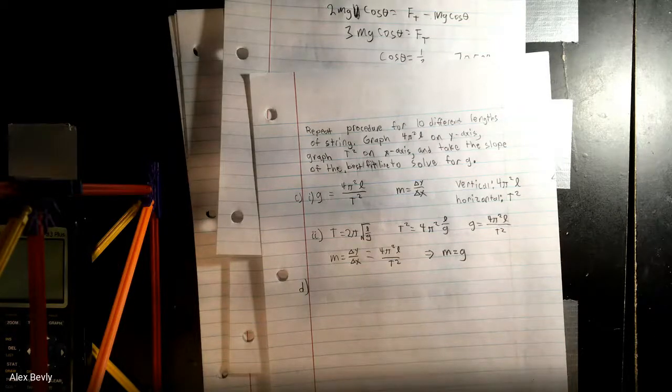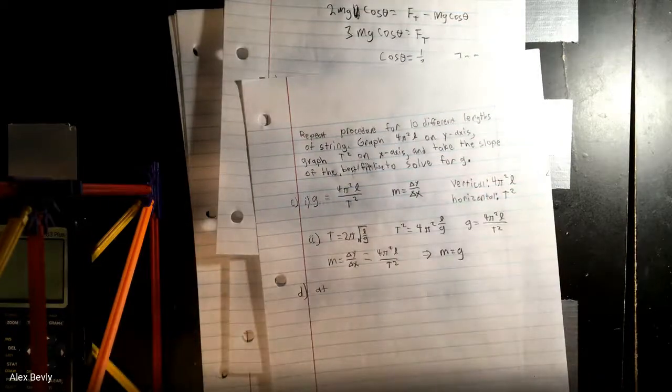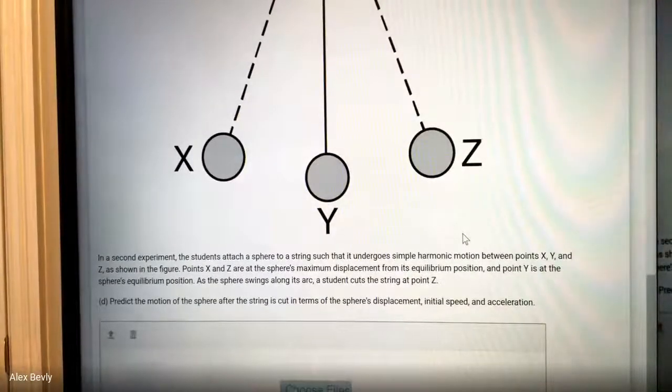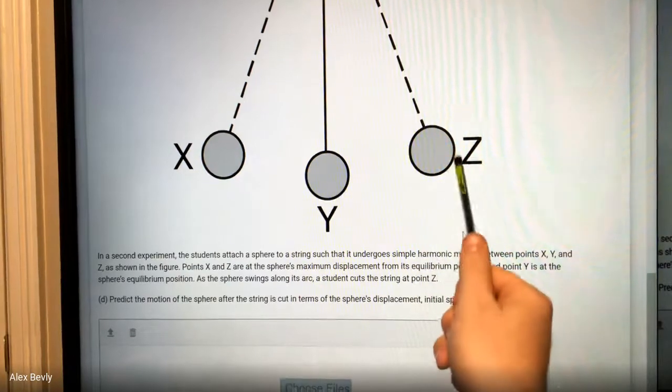So where's our displacement? Are we center, maximum displacement, somewhere between the center and the equilibrium and maximum displacement? Where are we at? Well, maybe you don't have the picture up. So string is cut at z.